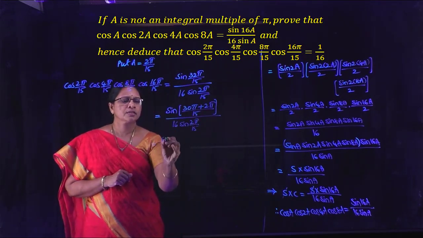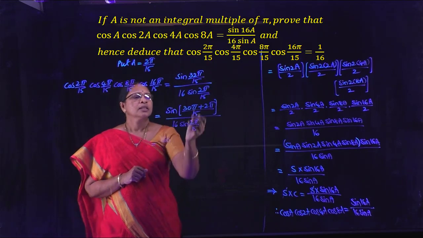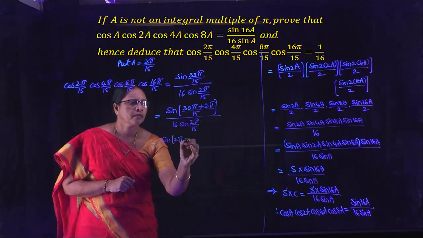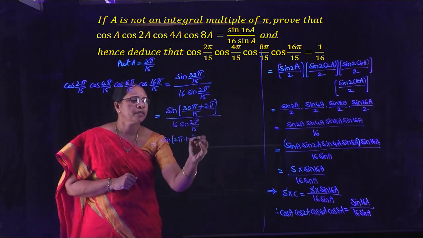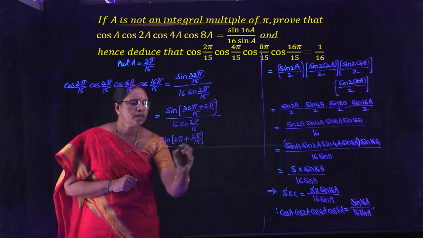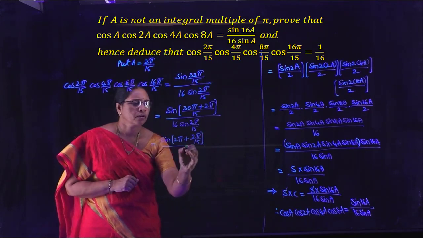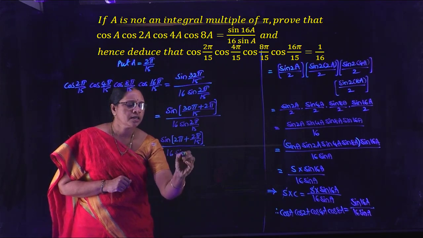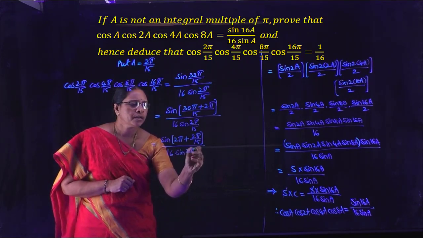That is sin of 2 pi plus 2 pi by 15, all divided by 16 sin 2 pi by 15.